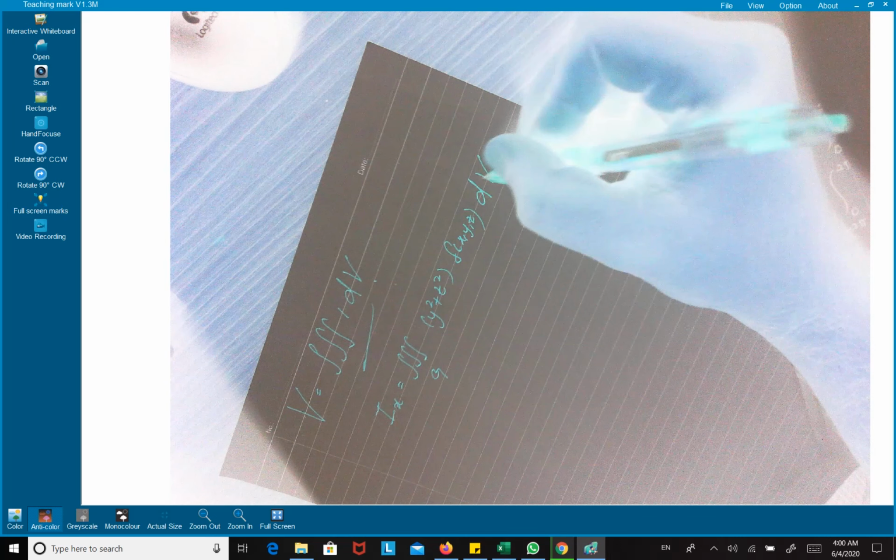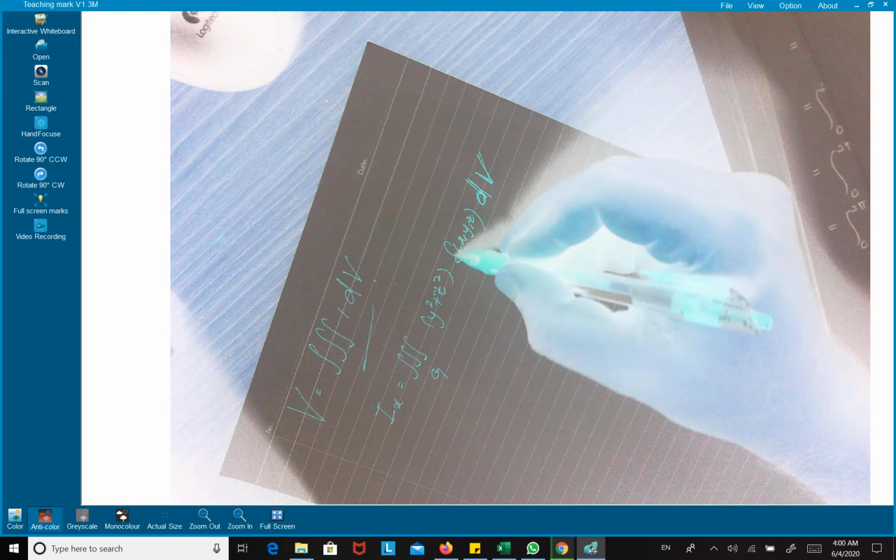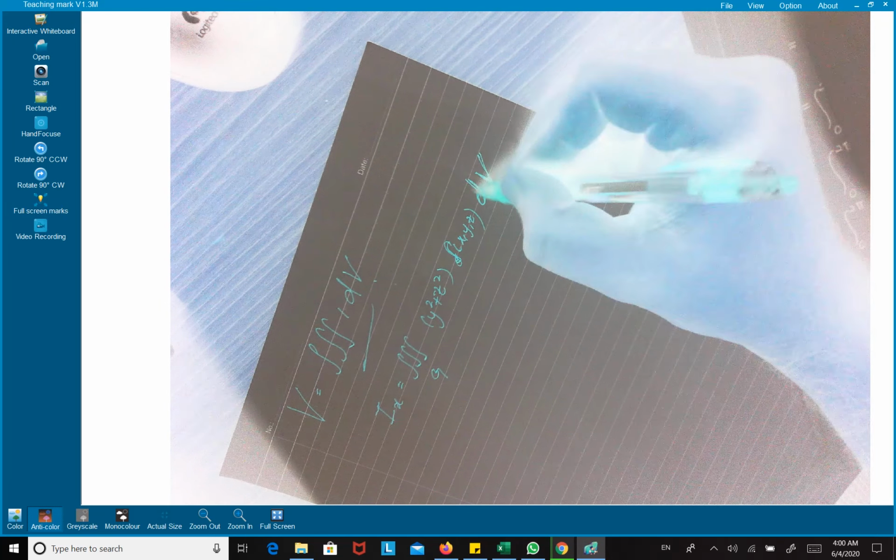Okay, not times, it is integration y squared plus z squared times the density with respect to dV.